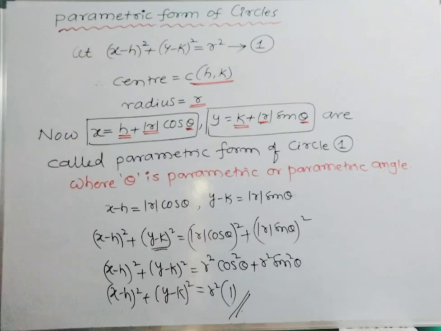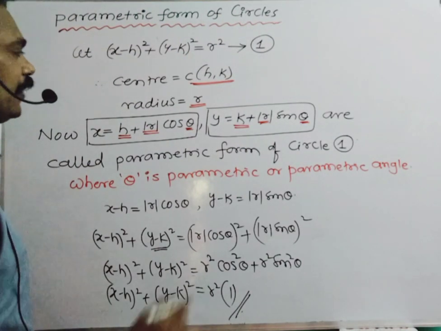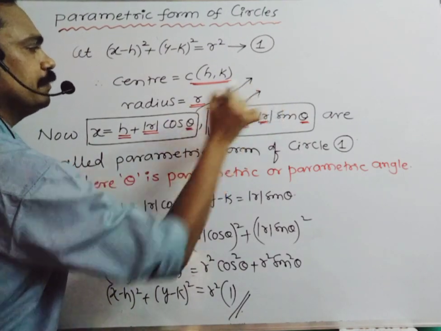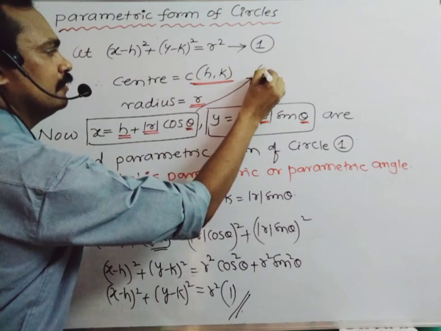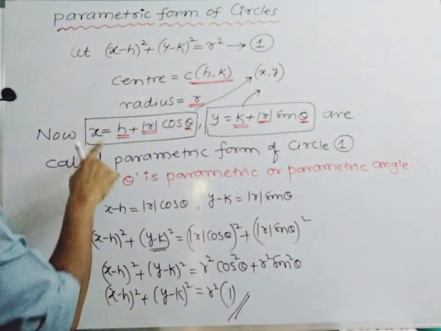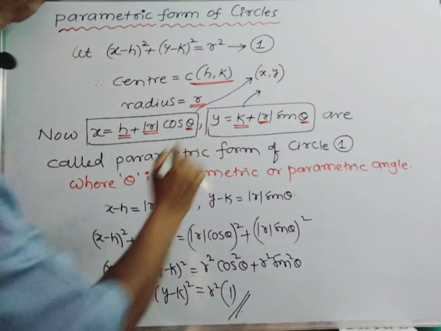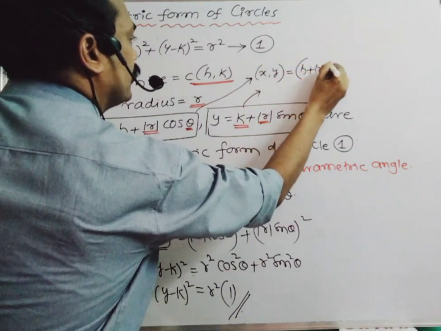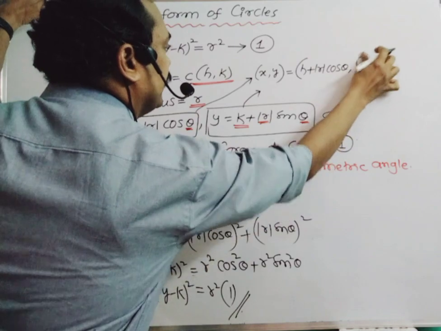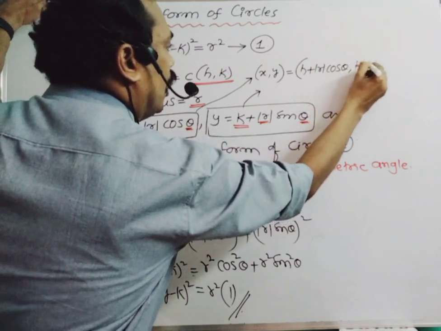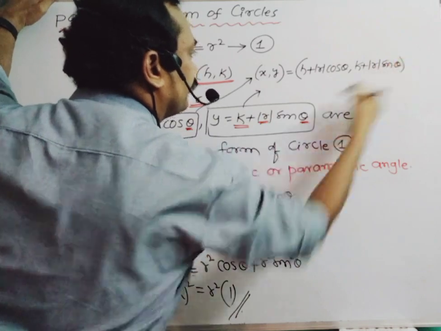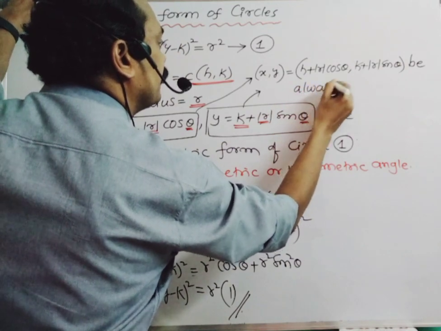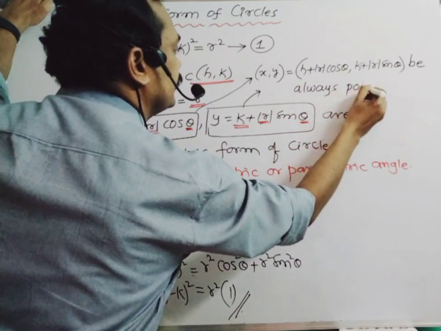And one more important note is this point. If you observe these two parametric equations, one is the x coordinate and one is the y coordinate of the point. They are nothing but h plus r cos theta and k plus r sin theta, which is always a point on the circle.